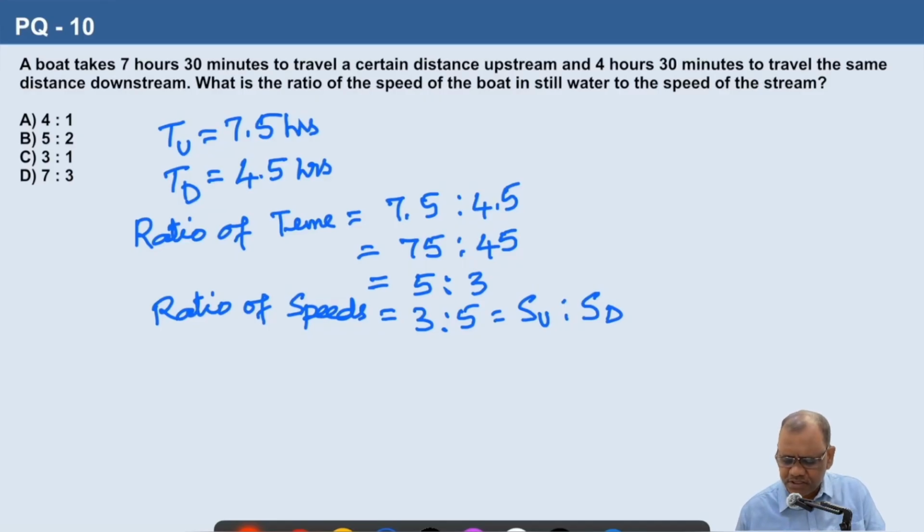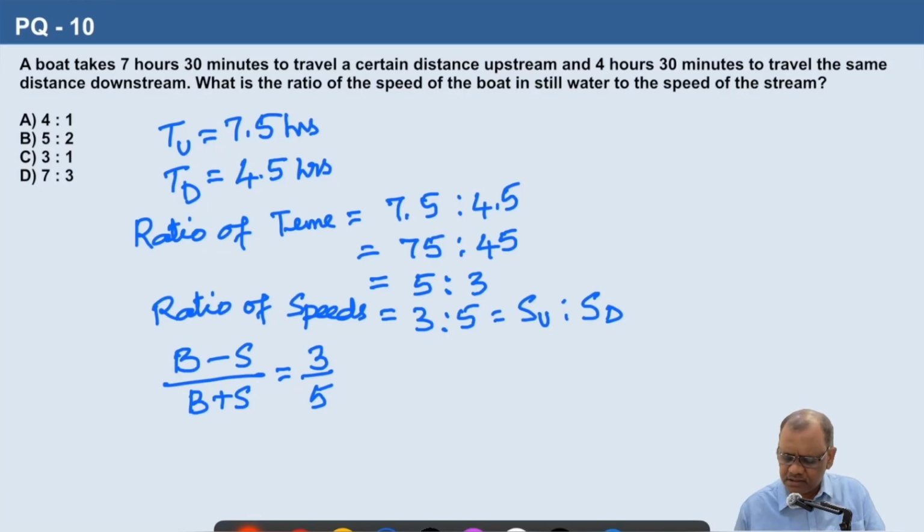Same as the previous question, the speed of the boat in still water is B and the speed of the stream is S. B minus S gives the speed upstream and B plus S gives the speed downstream, which is equal to 3 is to 5, and can be written as 3 by 5.